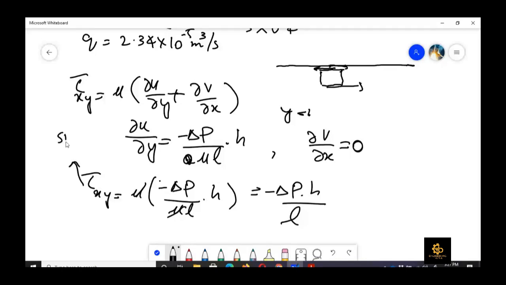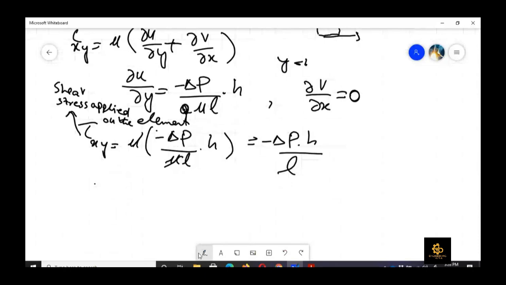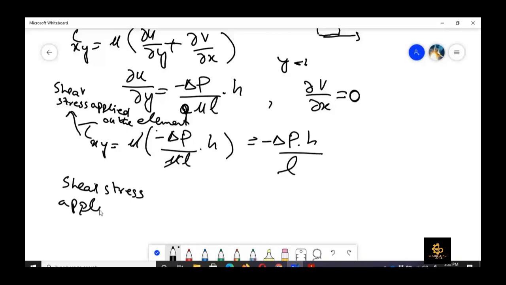So this is the tau xy, the shear stress applied on the fluid element. And if I want to find the value of shear stress applied on the pipe surface, that would be equal and opposite to this.